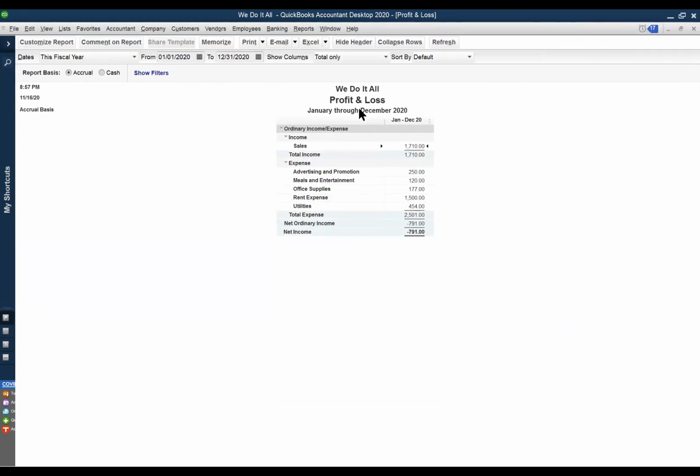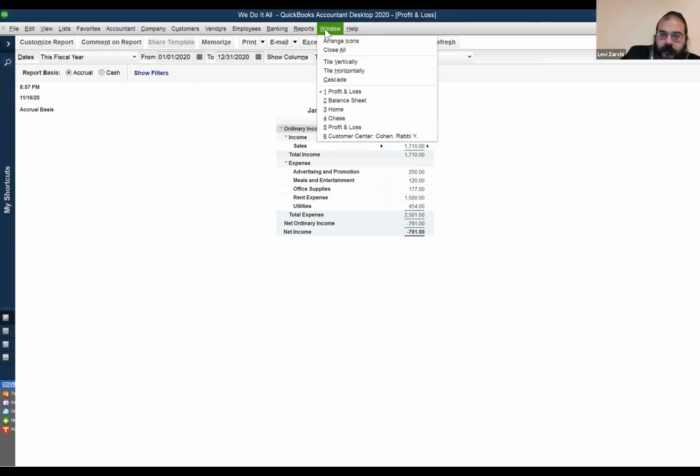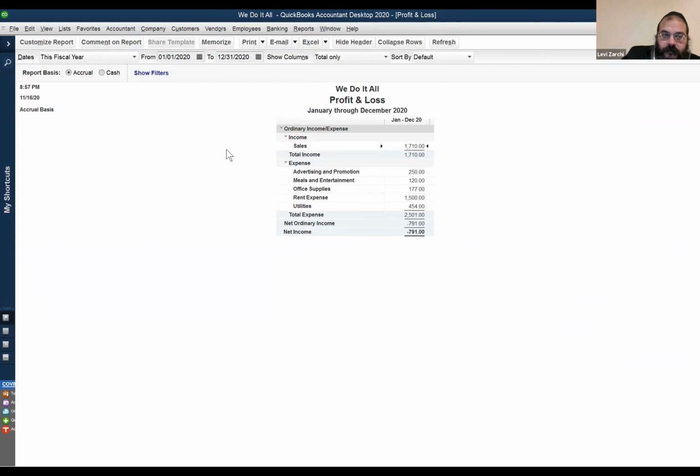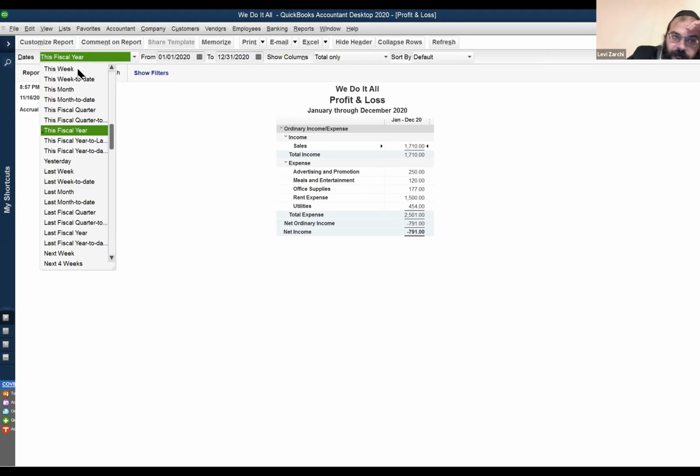Oh, one second. If you go to the window menu and drop down to profit and loss. P&L says the same as you, 1710. But what happens if you scroll up and change it from fiscal year to all?